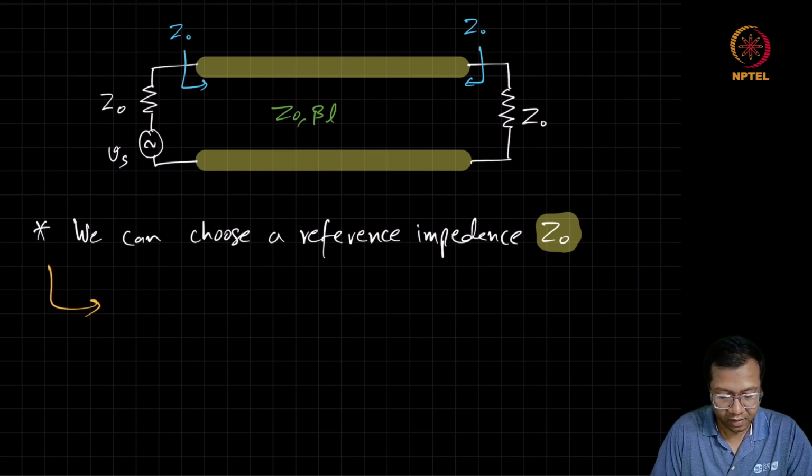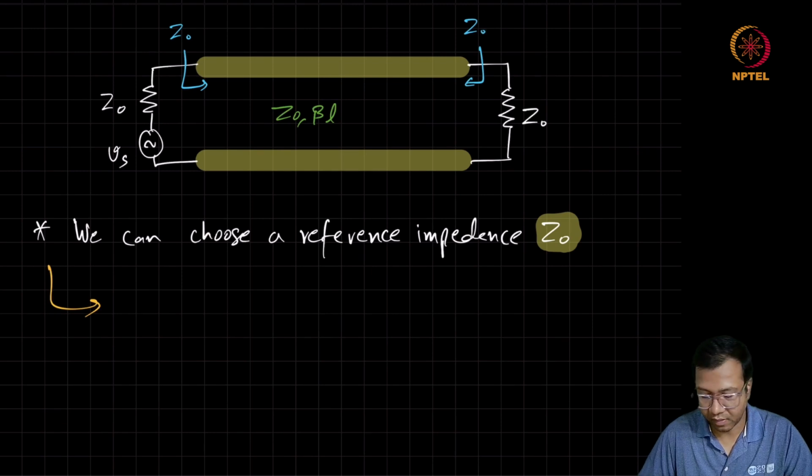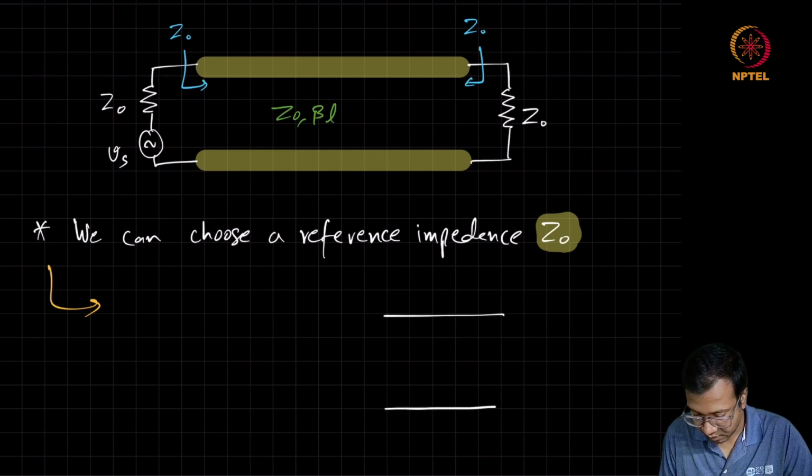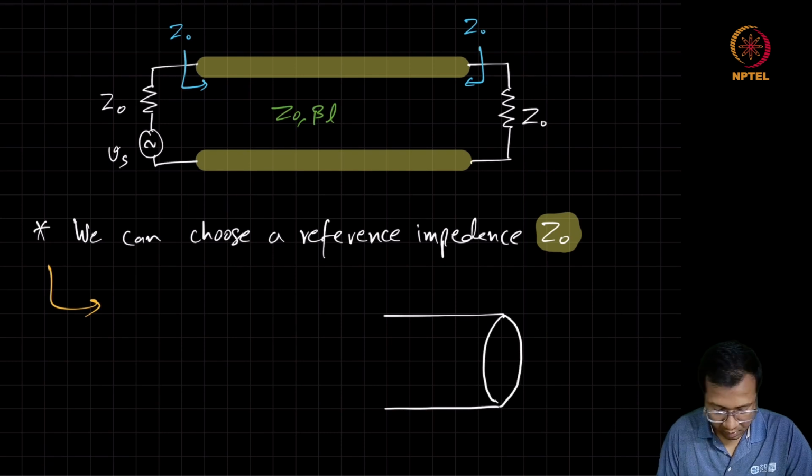So this transmission line traditionally was realized with the help of coaxial cable. The coaxial cable construction had a metal shield around it, and in the center there was a conductor.